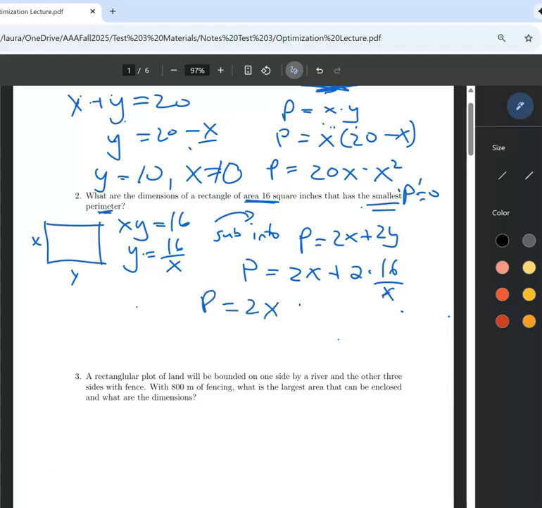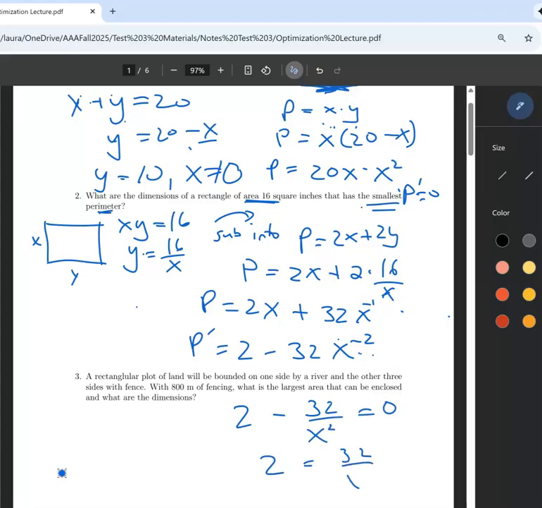So 2x plus, this would be 32x to the negative 1 power, correct? Now if we take the derivative, I get 2 minus 32x to the negative 2 power. I've said this lots and lots of times. Rewrite this by putting the negative exponent in the denominator. So 2 minus 32 over x squared equals 0.